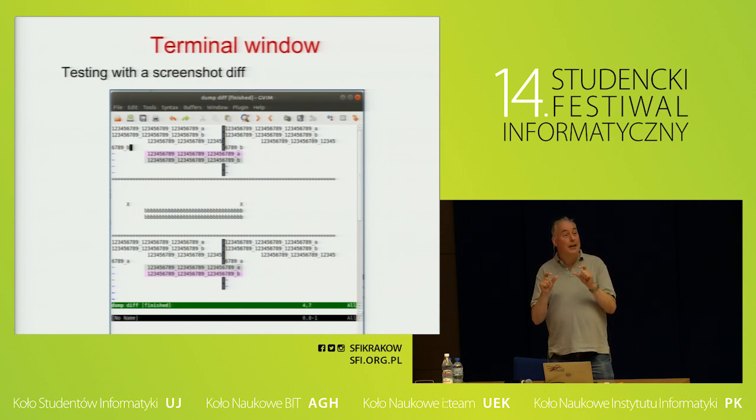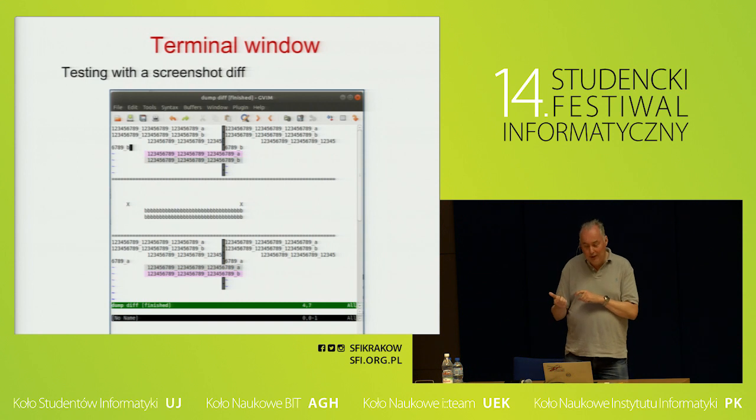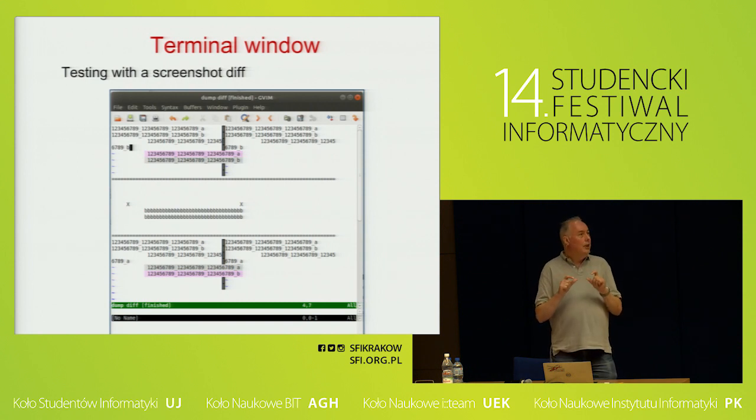So just taking a real screenshot wouldn't work, because it would work on one system, but on another system it would be different. But you can take a screenshot of a terminal which just shows the colors, the text, but not the pixels. In this example you see a screenshot at the top and one at the bottom, and in the middle is the difference between them. So you can see what happened.